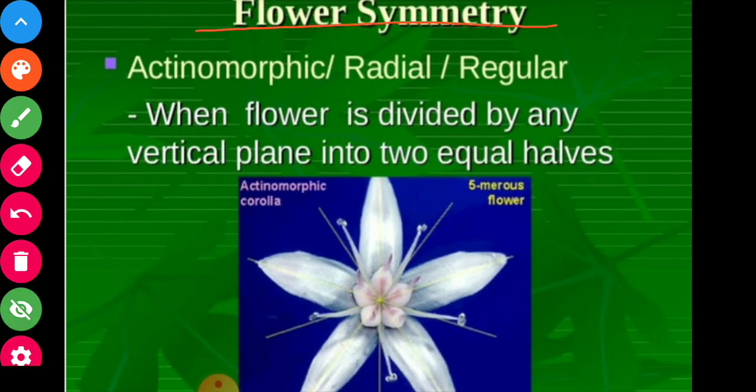In flower symmetry, the flower is called actinomorphic, radially symmetrical or regular, when the flower is divided by any vertical plane into two equal halves. So when a flower is divided into two equal halves through any plane, the flower is said to have radial symmetry or actinomorphic. So the term actinomorphic is used when the flower has radial symmetry.